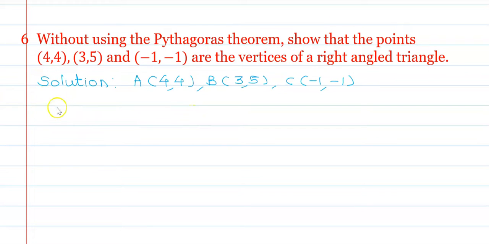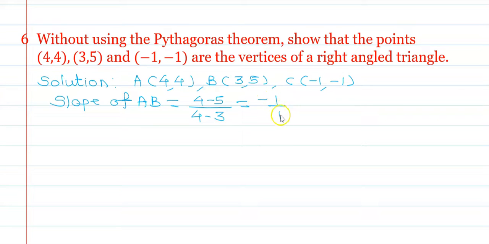Now first we find the slope of AB. The slope is the difference of y coordinates upon the difference of x coordinates: 4 minus 5 upon 4 minus 3, and this equals -1 upon 1, which equals -1.